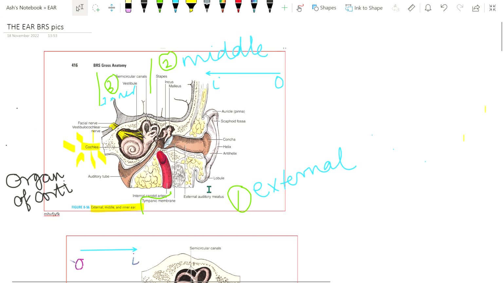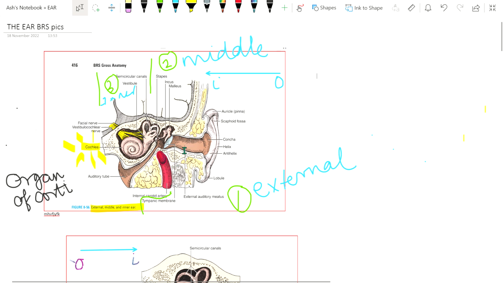There is a fleshy lobule as well. Sound enters from the outside, goes through the funnel-shaped concha into the external auditory meatus, and reaches the very famous eardrum, whose scientific name is the tympanic membrane.